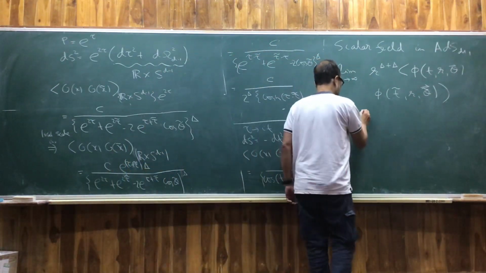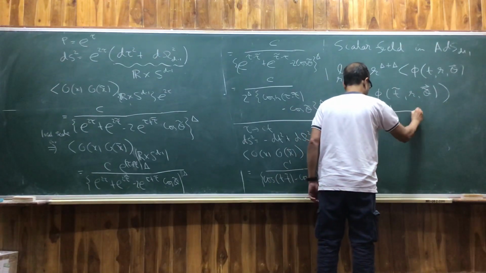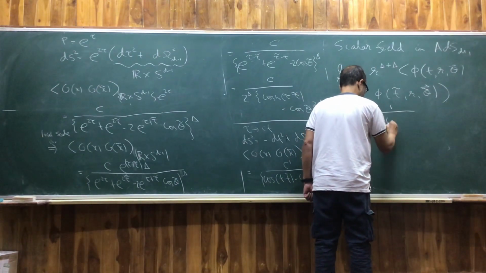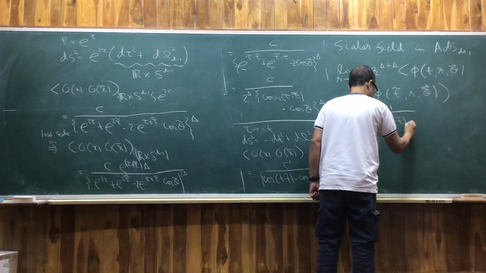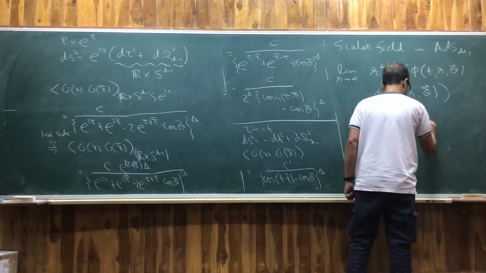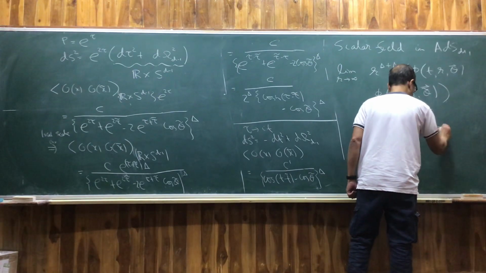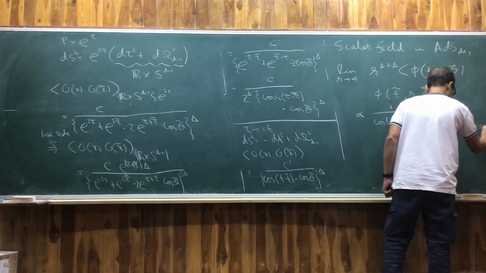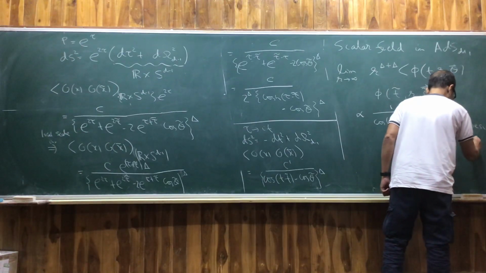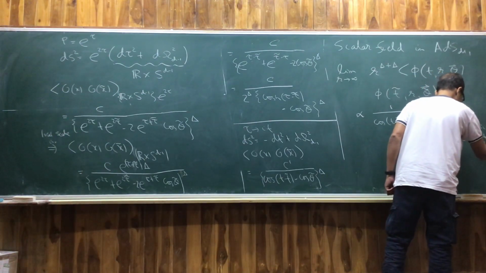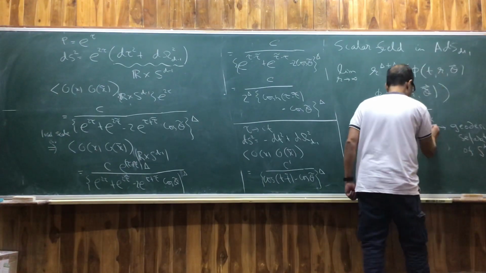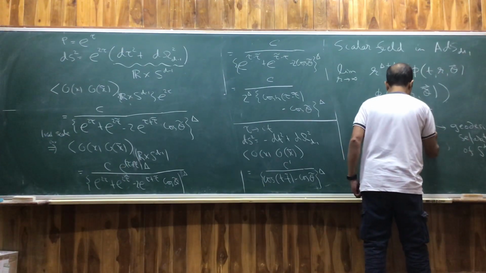This was proportional to 1 over cos t minus t tilde minus cos alpha, to the power delta, where alpha was the geodesic separation on S^(d-1), which is precisely theta tilde here.